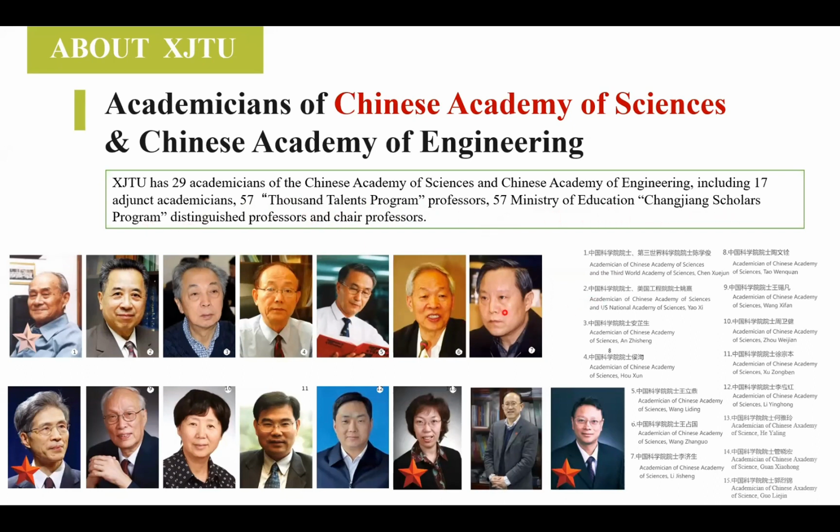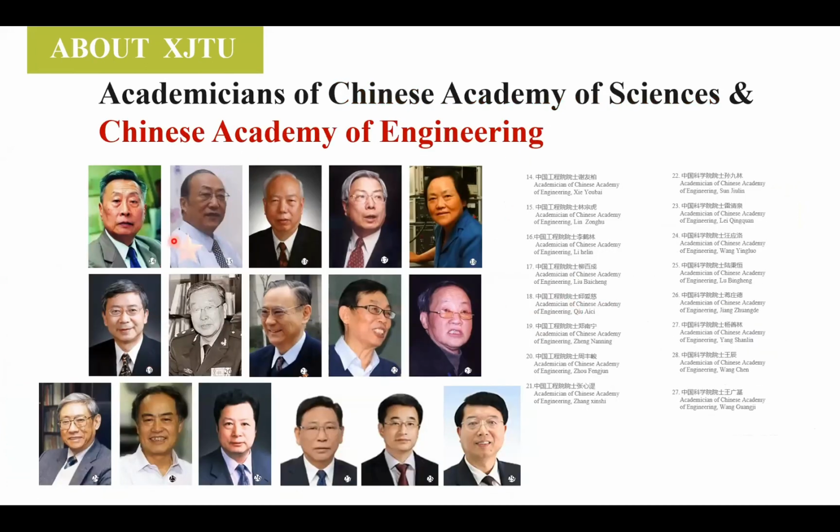These are part of the pictures of the academicians. As you can see, four of the academicians belong to the School of Energy and Power Engineering. And here is one from the Chinese Academy of Engineering.